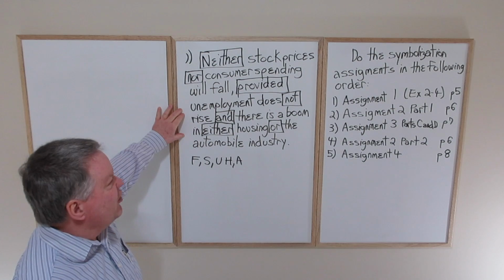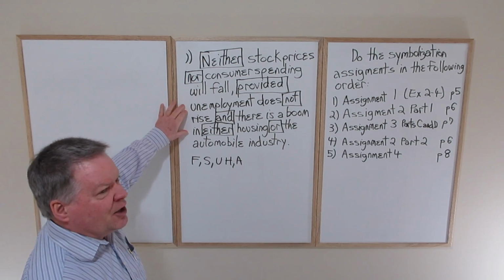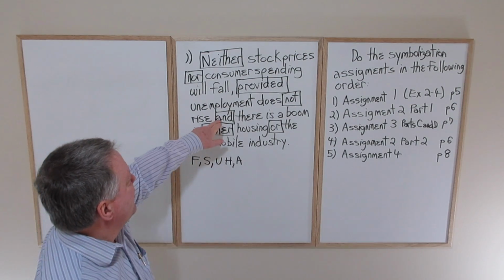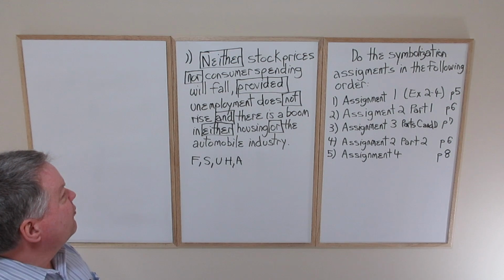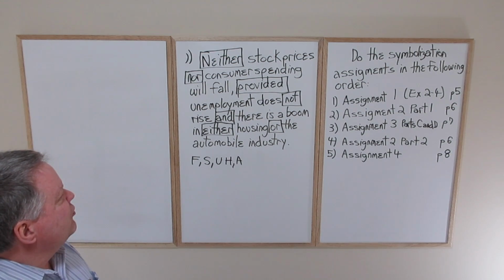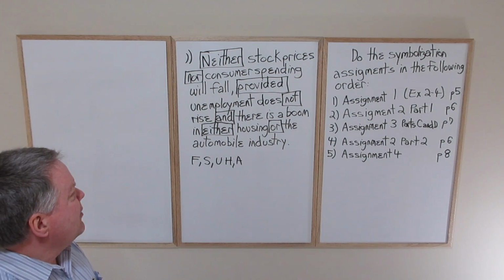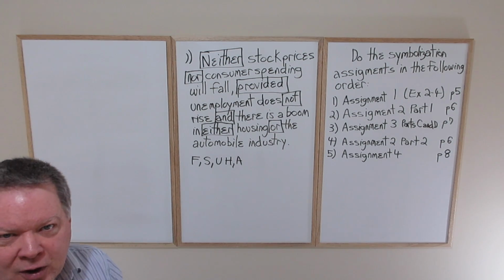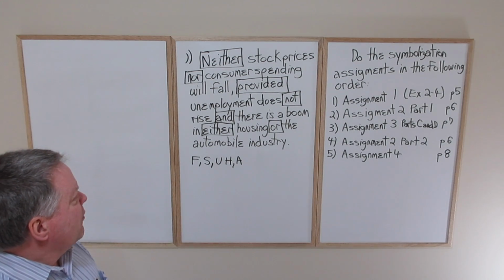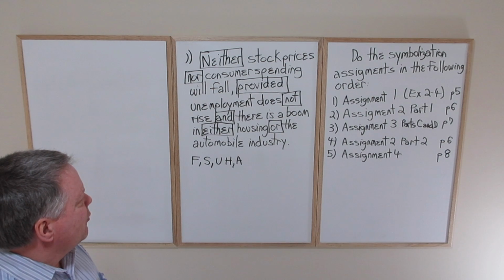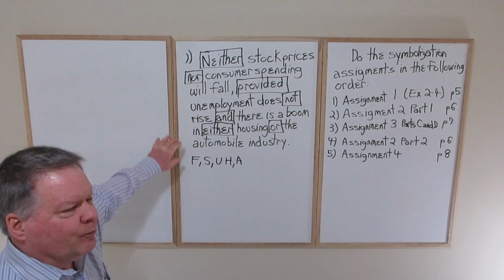consider how this would sound if we treated J as a conjunction, where this "and" is indicating the main connective. Neither stock prices nor consumer spending will fall, provided unemployment does not rise. All of that would be one conjunct. The other conjunct: there is a boom in either housing or the automobile industry.